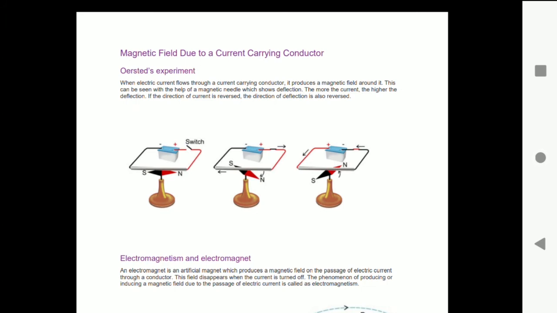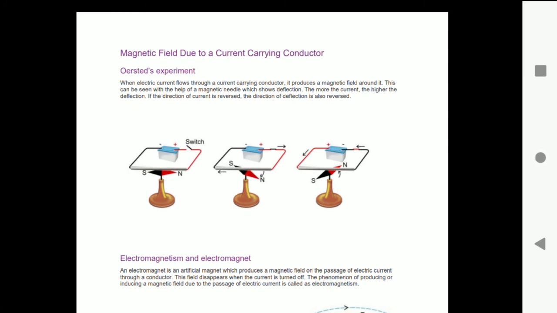Magnetic effect of electric current was discovered by Oersted in 1820. He found that a wire carrying a current was able to deflect a compass needle. The importance of magnetic effect of electric current lies in the fact that it gives rise to mechanical forces.